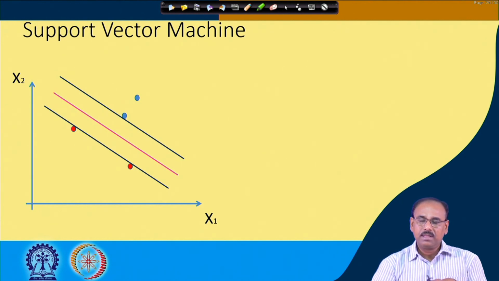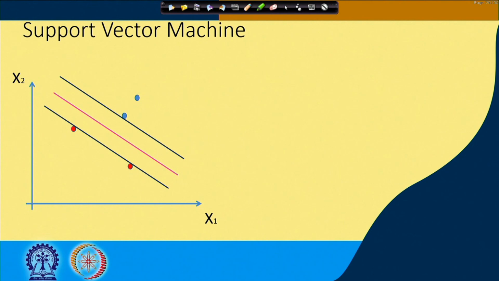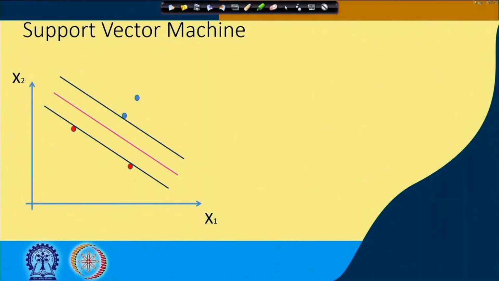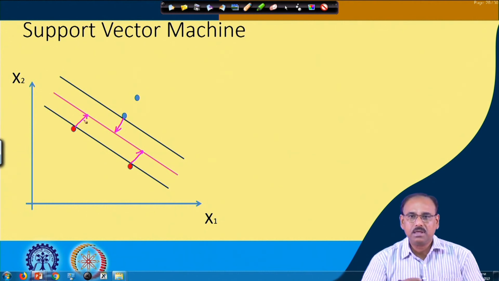In other words, the separating plane which I use for classification of the feature vectors belonging to two different classes must be at a maximum distance from all the feature vectors belonging to the two classes. That is, the distance of this separating plane from the feature vectors belonging to class omega 1 and from the feature vectors belonging to class omega 2, from both sides, should be maximized.